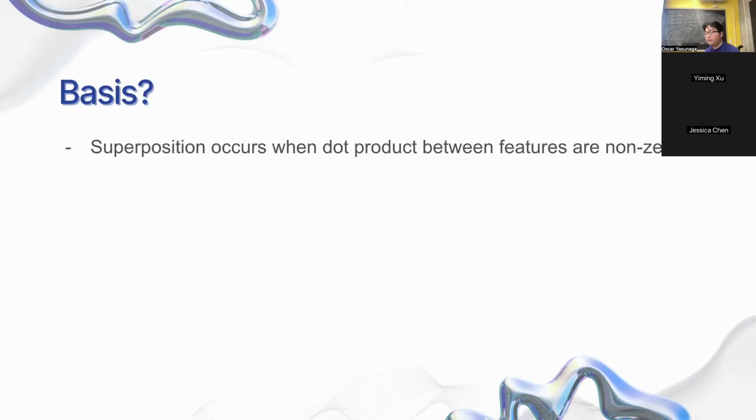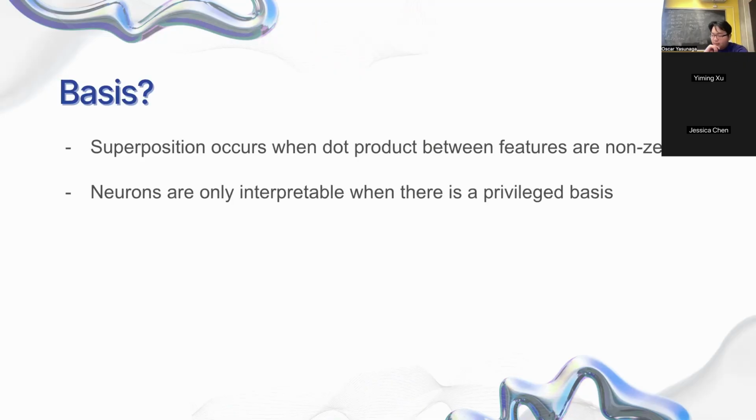Superposition occurs in low dimensional space when there's a dot product between feature vectors, and these feature vectors are non-zero. The only reason we can interpret or understand these features for a transformer, language model, or very simple neural network is because there's this privileged basis, right?